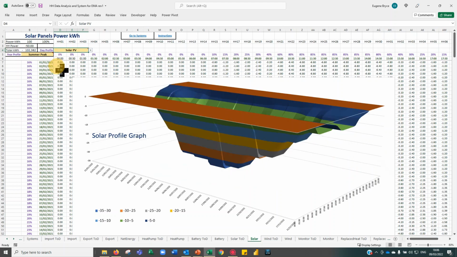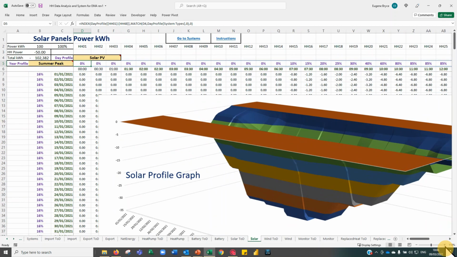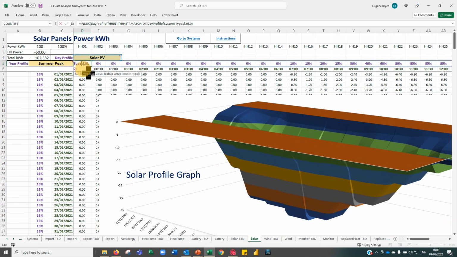And what each cell is doing is multiplying the percentage day by the percentage year, and these come straight from the day and year profile. And there's a very interesting formula. I'll just show you, if I click on it, it's a new formula in Excel. Let's see if I can make it bigger.